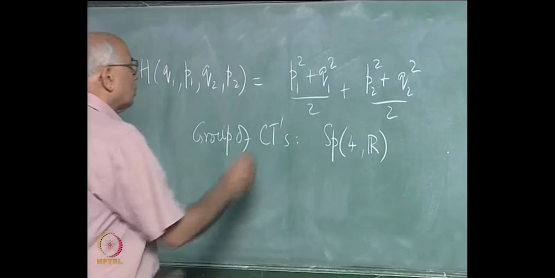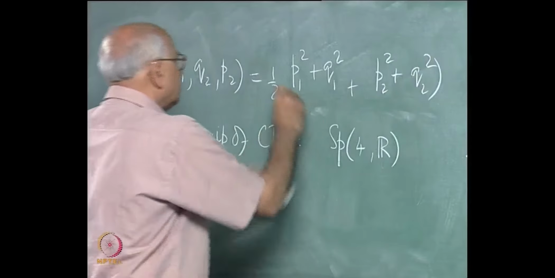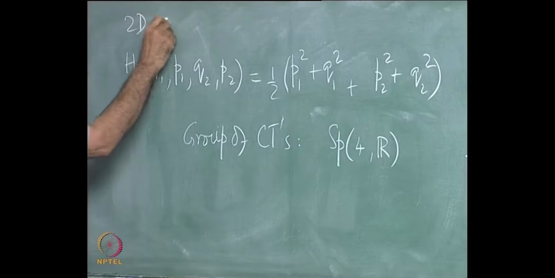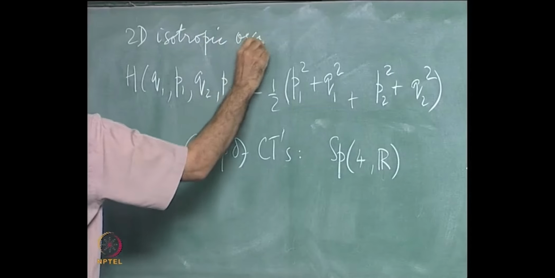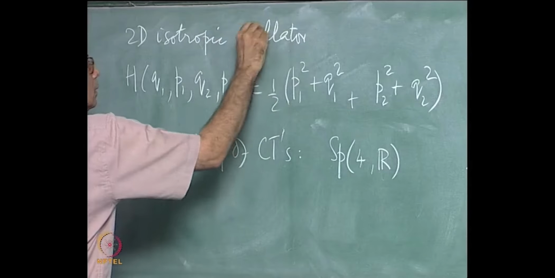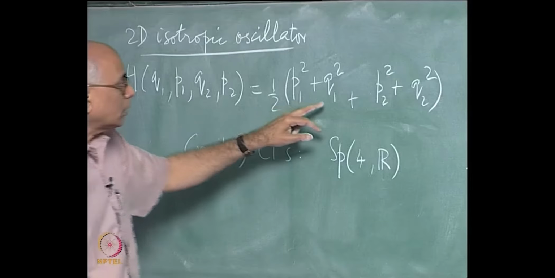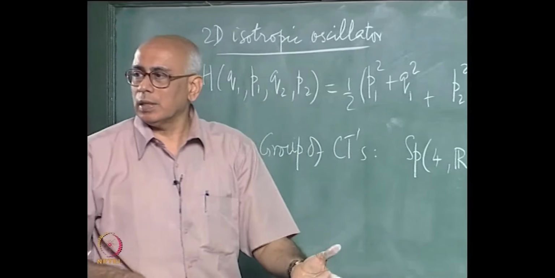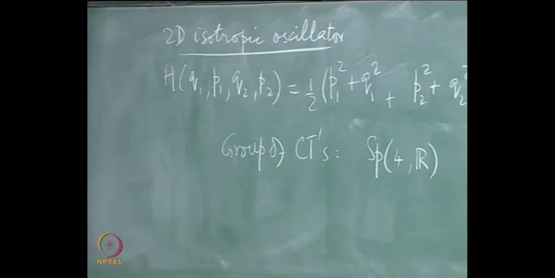Notice that I can just take out the factor half and write this in this fashion. So I should write here 2D isotropic oscillator. Isotropic to mean that it has exactly the same properties in all directions. As you can see, the potential energy is q1 squared plus q2 squared, which is invariant under rotations in the q1 q2 plane. So it has circular symmetry of this kind.